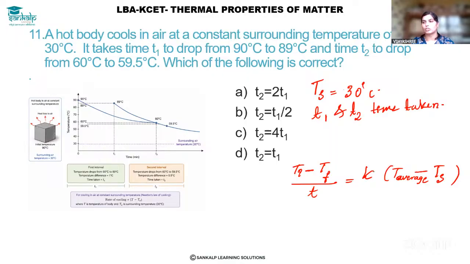K is the constant, a positive cooling constant or constant of proportionality. Ts means surrounding temperature. T average is the average temperature, which is equal to initial plus final divided by 2. Okay. So here we are given two time intervals, right? I will move on to the next slide.